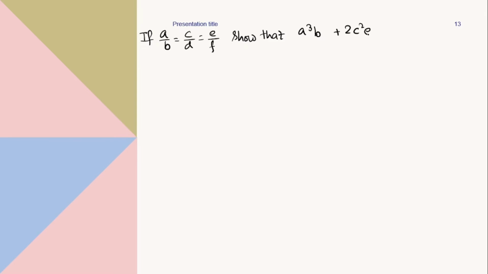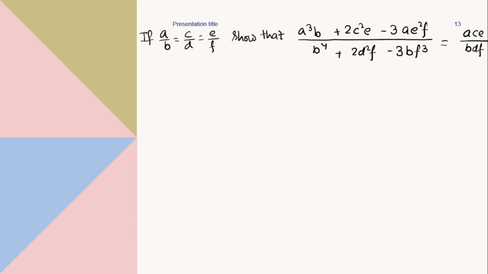A cube B plus 2C square E minus 3A E square F, divided by B power 4 plus 2D square F minus 3B F cube, equals ACE by BDF.